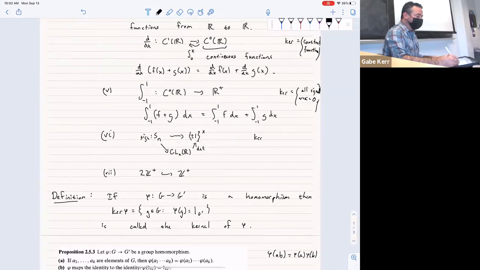Kernel here is what we call even permutations. And this also has a name. Very famous group. This is called A_n. It's called the alternating group.